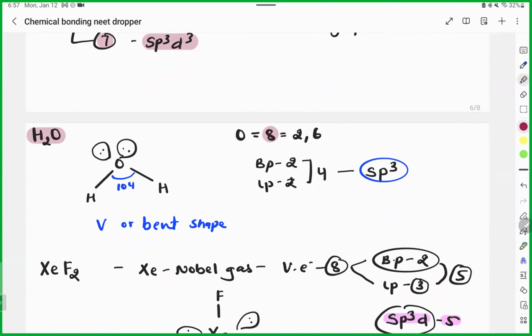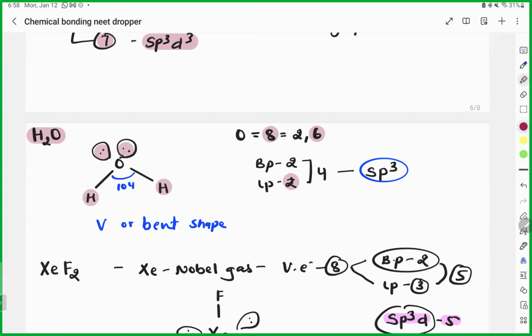Example here, H2S. Oxygen, atomic number of oxygen is 8. First shell 2, second shell 6. It means a total of 6 electrons are available for the bond, but only 2 are forming bonds. Only 2 bonds are available. It means the remaining 4 electrons are free. So they will form 2 lone pairs.